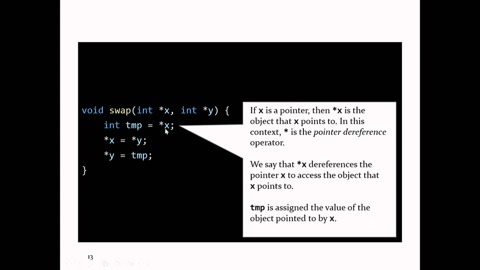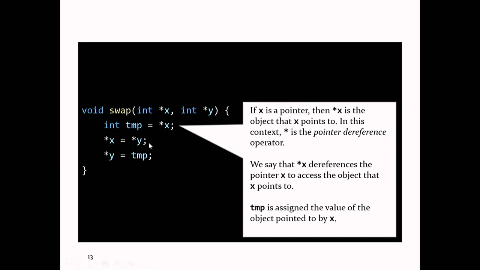So star x gives me the int object that's actually pointed at by x. That's just an int value, so I can store that in an int variable. So if x is a pointer, star x is an int. Star x is the object that actually stores the value in x. Star y is the object that actually stores the value in y.